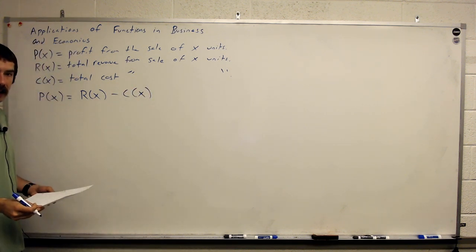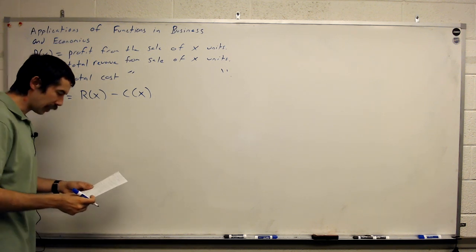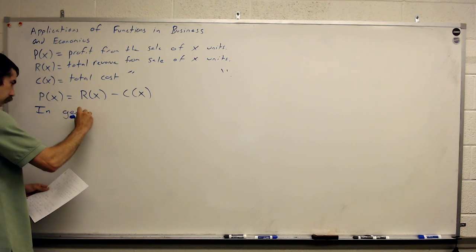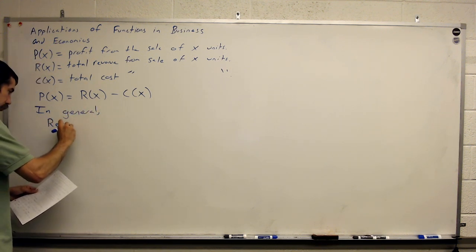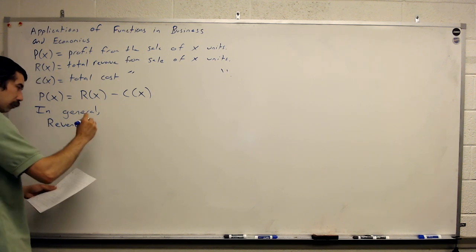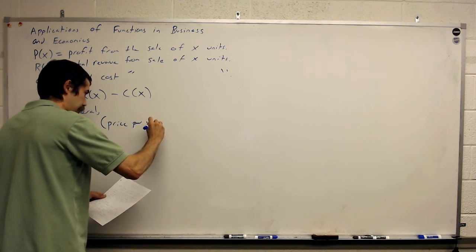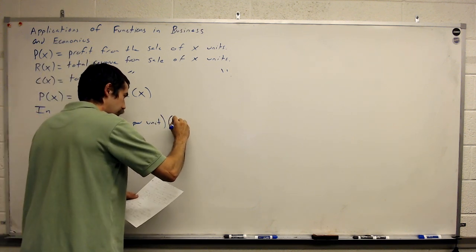All right, and in general, to get our revenue and cost function, it's really not too bad. So in general, revenue is equal to the price per unit times units sold.